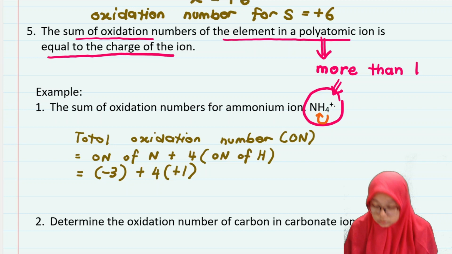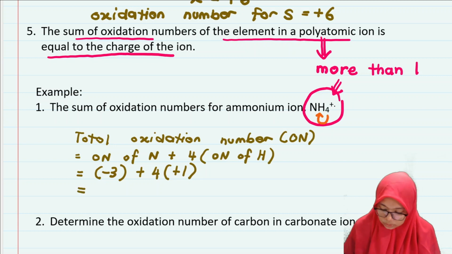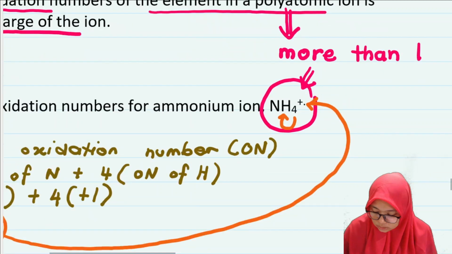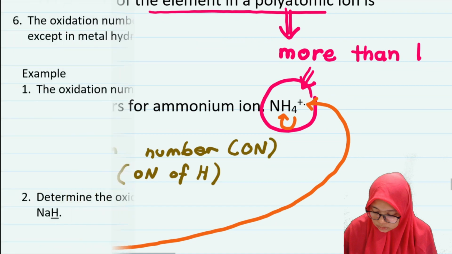So the total charge of the polyatomic ion here is negative 3 plus 4, so you'll have positive 1. And as you can see, this oxidation number is equal to the charge of the ion. Can you see that? The charge of ammonium is NH4+.